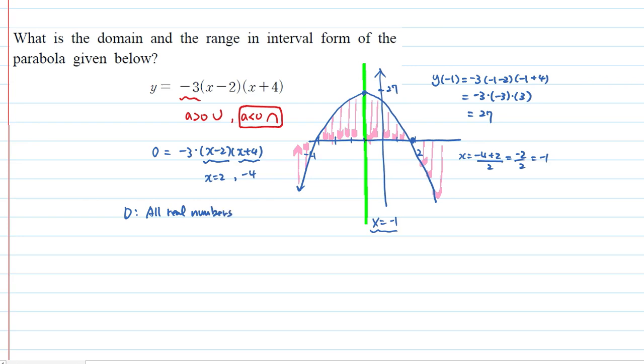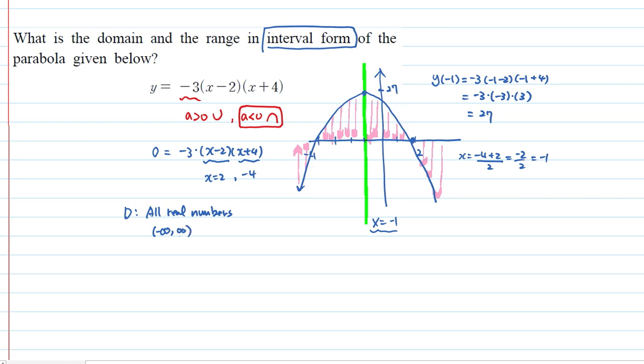Any x value you pick in real numbers, you can calculate the y value. So that's good for the input values. Since the question says to write your answers in interval form, you can say -infinity to infinity.